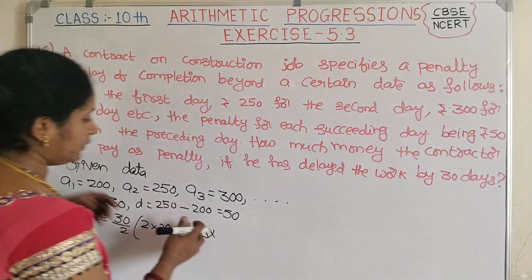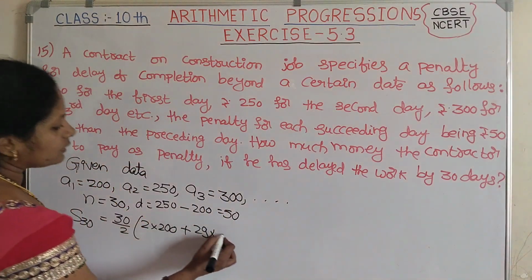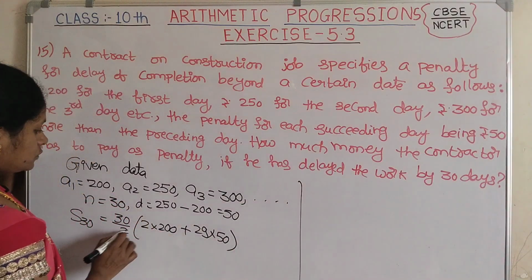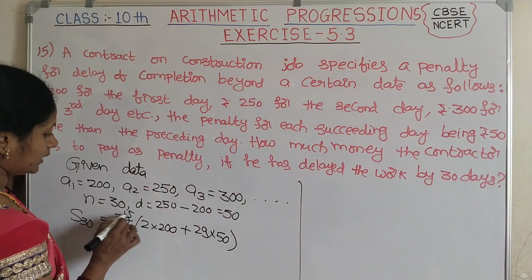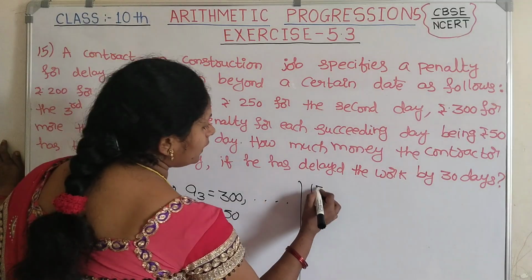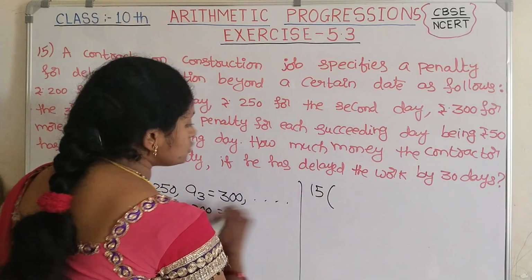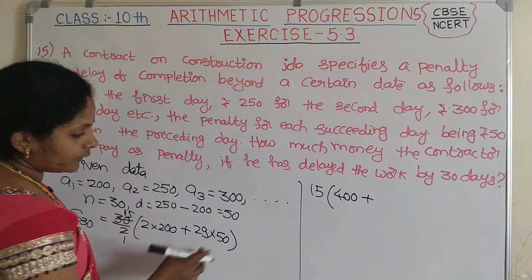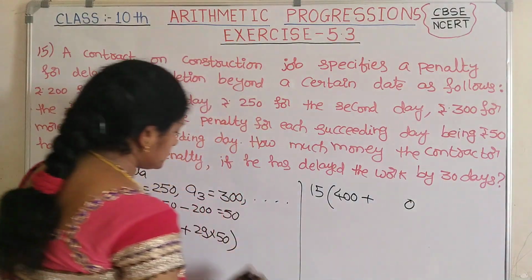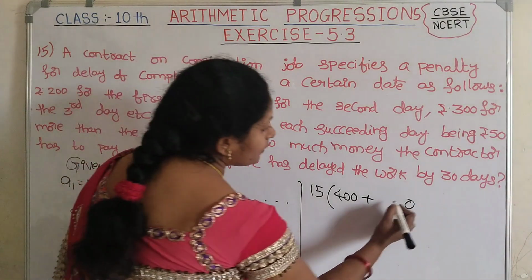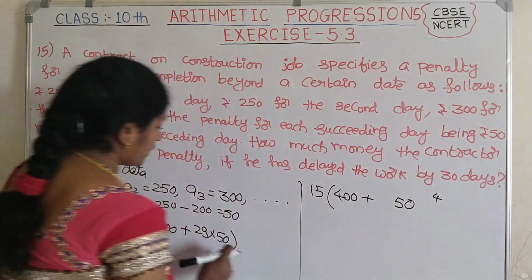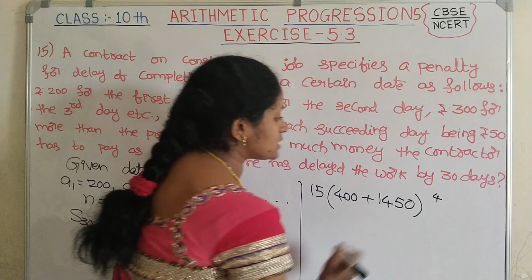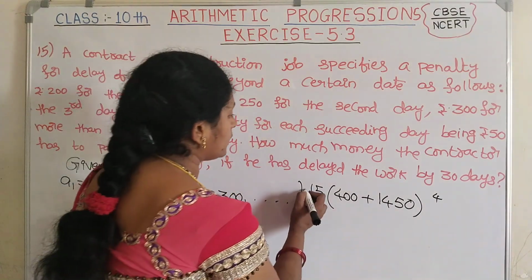So D is equal to 50 here. 2 1s are 2, 2 15s are 30. 15 into 200 into 2 is 400 plus 29 into 50, we can take 0 at the last. 5 9s are 45, 5 carry 4. 5 2s are 10, 10 plus 4 is 14. 1450 is the multiplication of these two numbers.